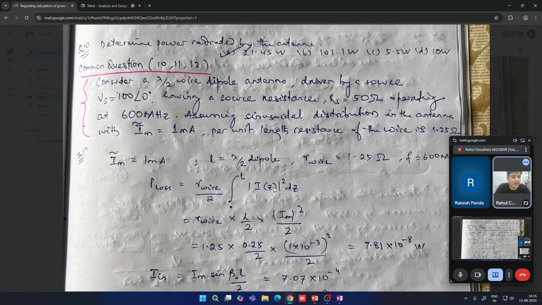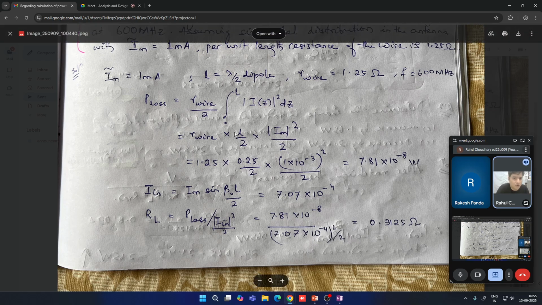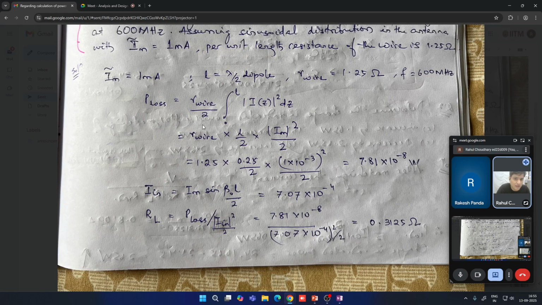Iz is nothing but Im, the peak current flowing through the wire. Each section of the wire has current flowing through it, so I am adding it up, and the wire resistance we know per unit length. So I is constant, so we take it out, and R wire is multiplied with L by 2.